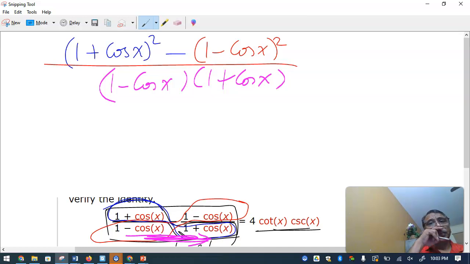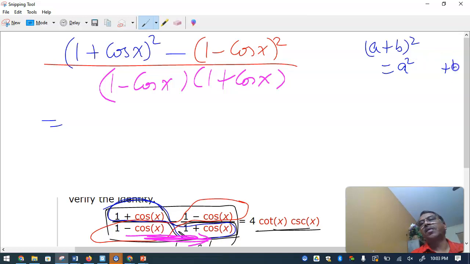And for the numerator, we have to use a plus b, the whole square, which is square the first, square the second, and in between you multiply the 2 and double it, 2ab. So that's what we have to do in two places here as well as here.